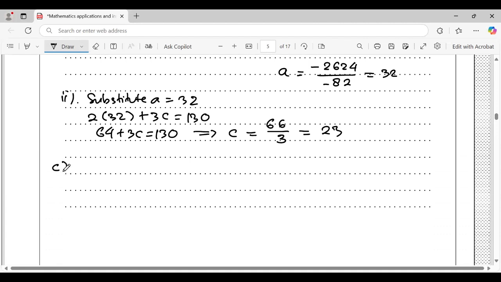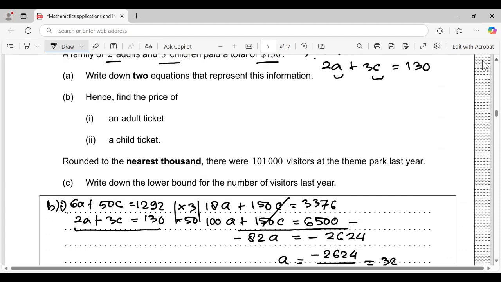And part C. See the question. Rounded to the nearest thousand, there were 101,000 visitors at the theme park last year. Write down the lower bound for the number of visitors last year.